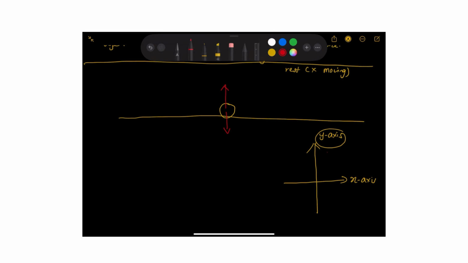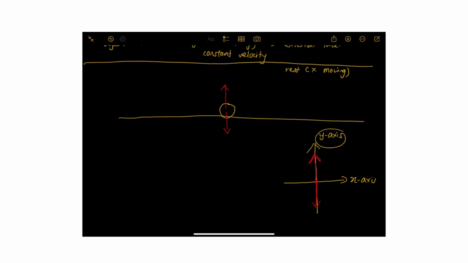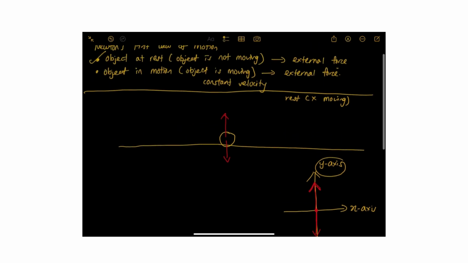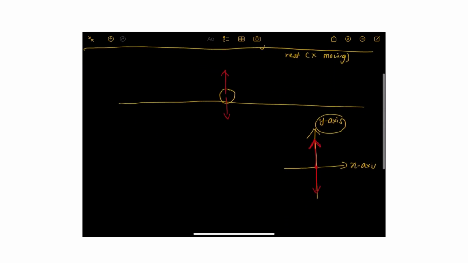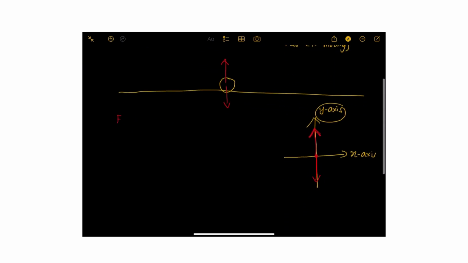If I draw on the coordinate here, it will be like this. For downward force, I have F equals to mg, which is the weight of the ball.